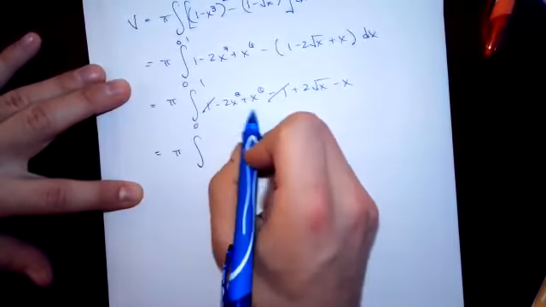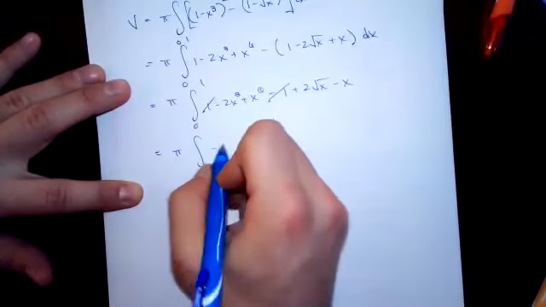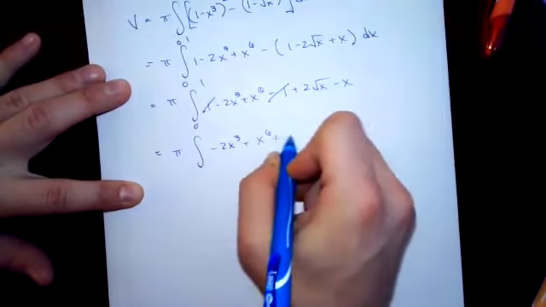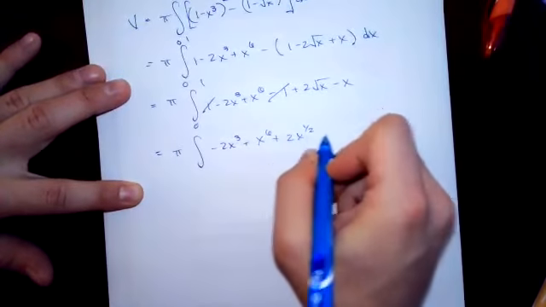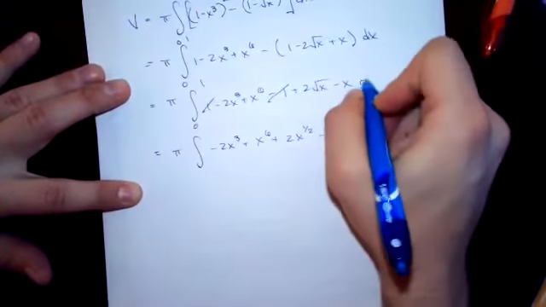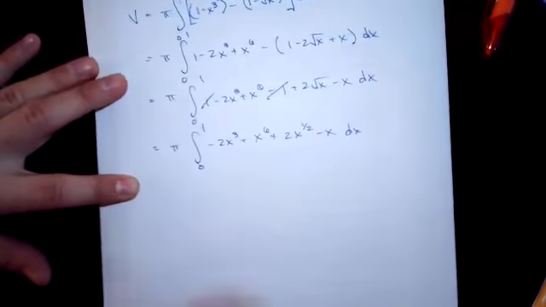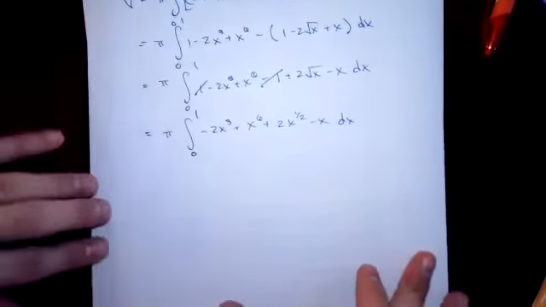So what do we have? We've got a minus 2x cubed plus x to the 6th plus 2. I'm just going to write that as x to the 1/2 minus x. All of that with respect to x, 0 to 1.